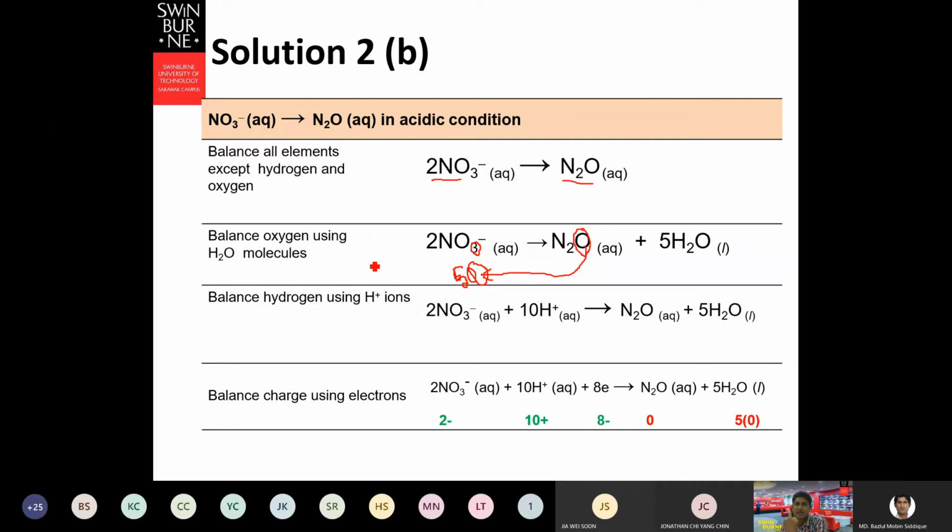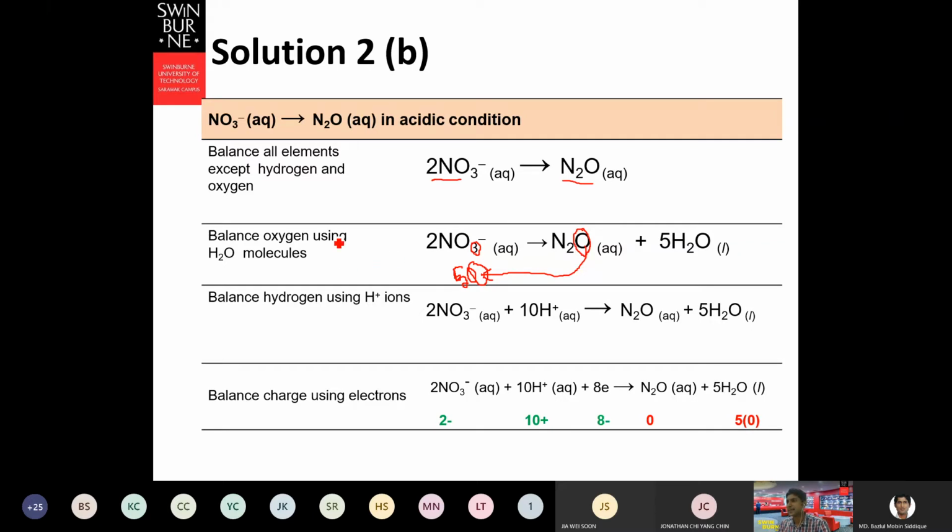Each one oxygen atom can produce only one water, because in H2O there are 2 hydrogen and 1 oxygen. So 5 oxygen will produce 5 water molecules. And as per the rule that we already talked about, oxygen we do not need to balance at the beginning, but oxygen will be balanced by forming water.